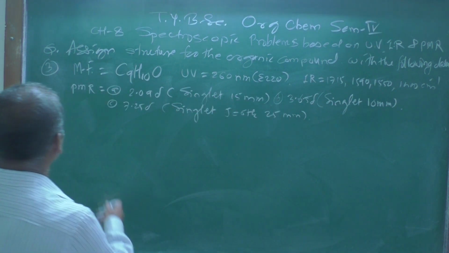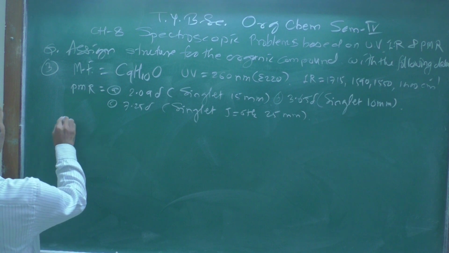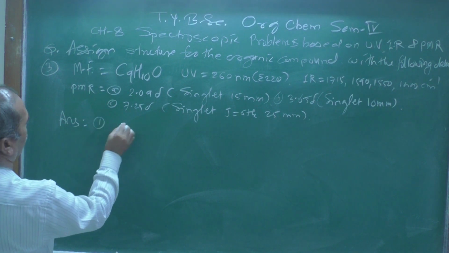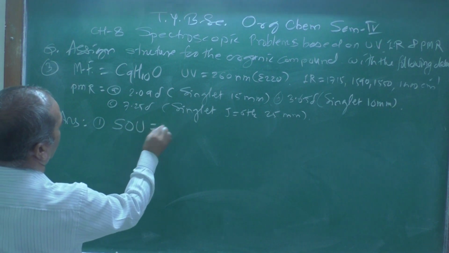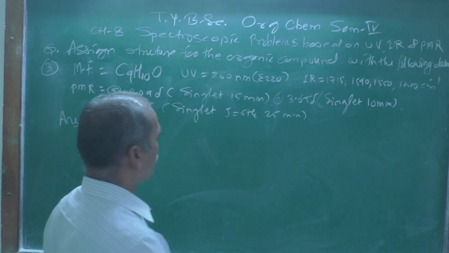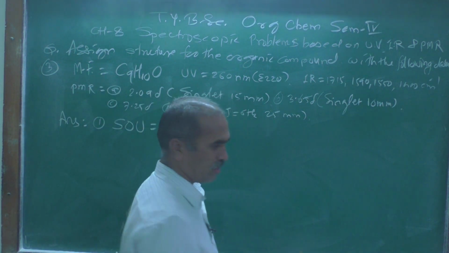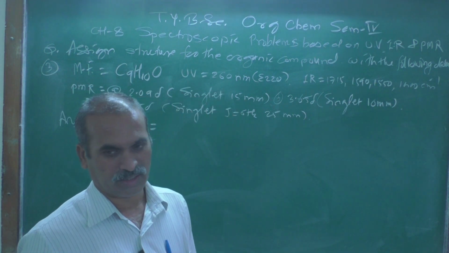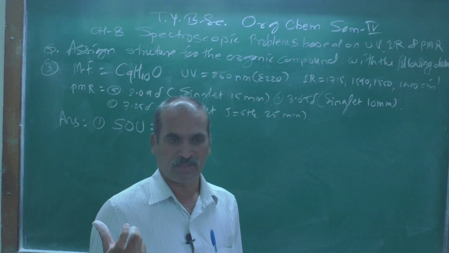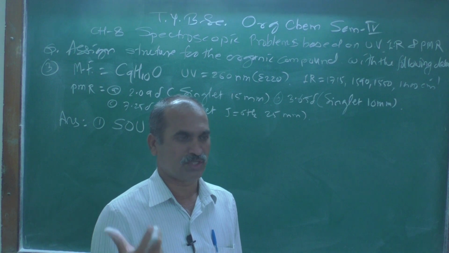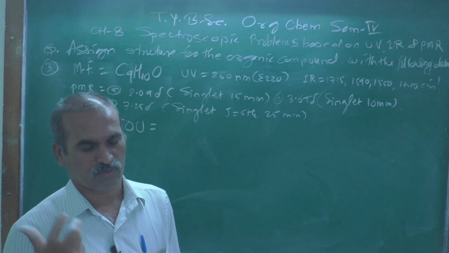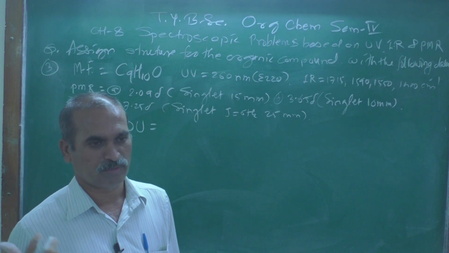Now, while answering, the first thing you have to calculate is the sites of unsaturation. For that we know that there are different methods. At T.Y.B.Sc level we are using two methods, and out of that I am giving only one method which is commonly used.